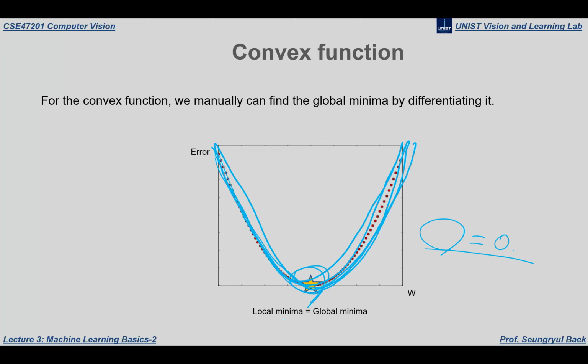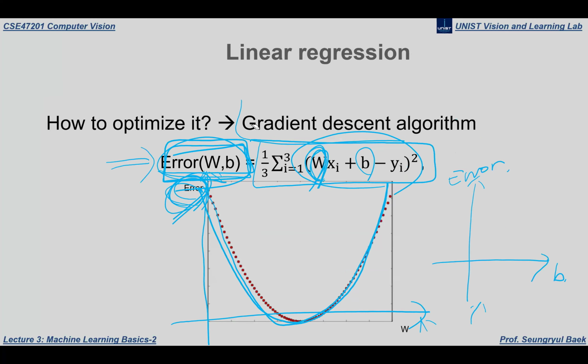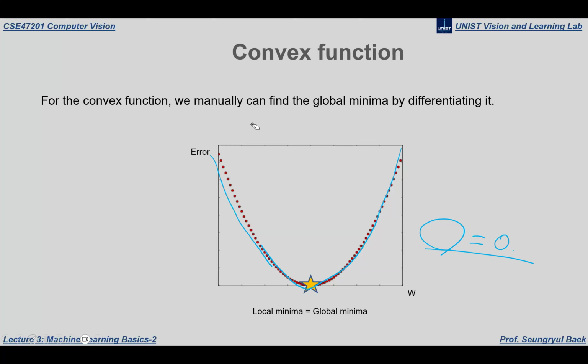That will be the global minima. So if your error function is very simple like this case, you do not have to use the gradient descent algorithm. Instead, you can just calculate the point whose differentiation is equal to 0, and then directly find where the error function has the minima. Is that correct?